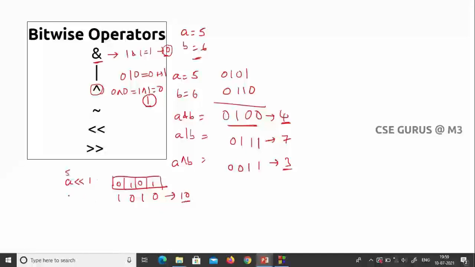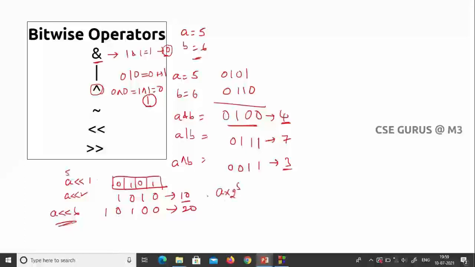Now if I write A left shift by 2, this was 1 time. One more time you shift, and the extreme rightmost will be 0. So this is 1 0 1 0 0, which is 20, right? What if I ask you A left shift by 6? Will you do it 6 times? There is a formula: A into 2 power number of shifts.